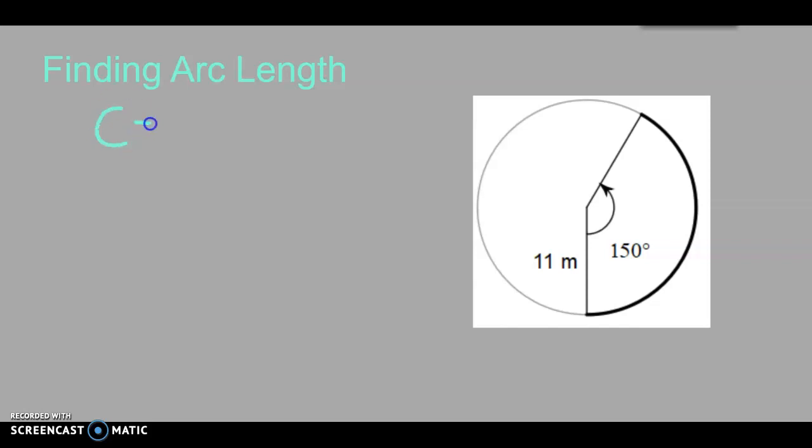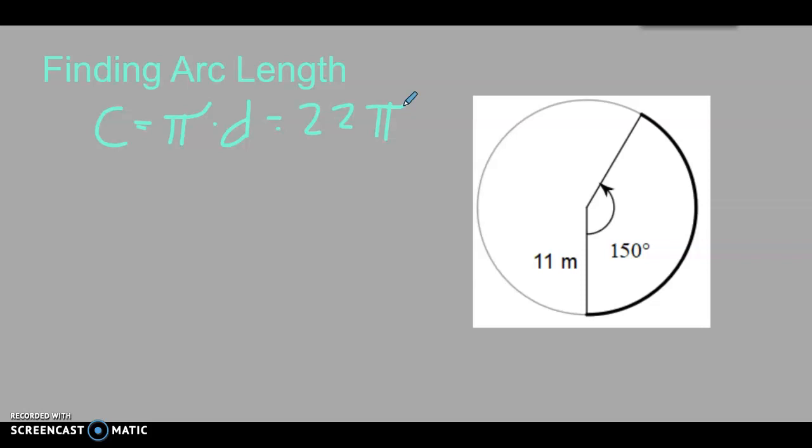So remember, circumference is pi times diameter. In this case, your radius is 11, which makes the diameter 22. So our circumference is 22 pi.